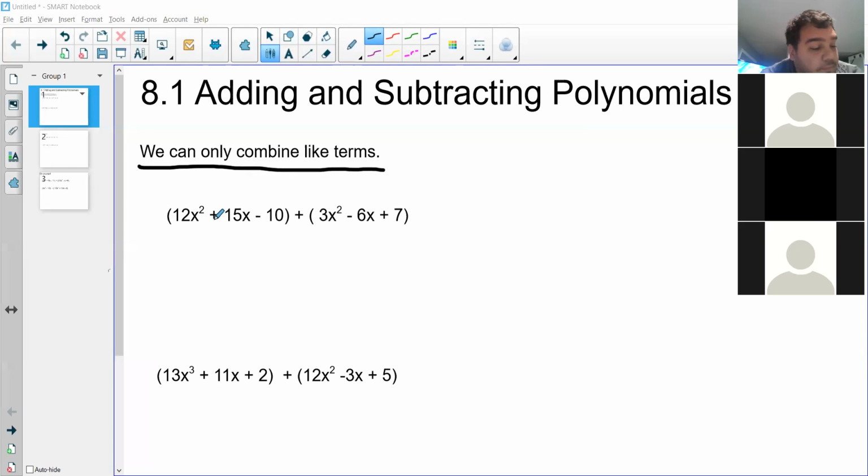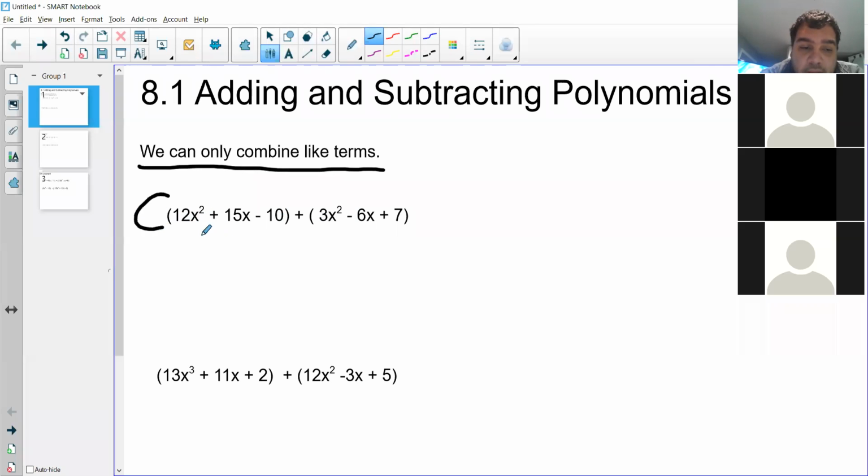Combining like terms. When I say a like term, that means the variable has to have the same letter and exponent. So let's talk about question number 1.